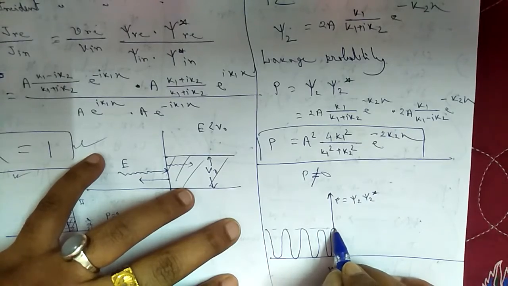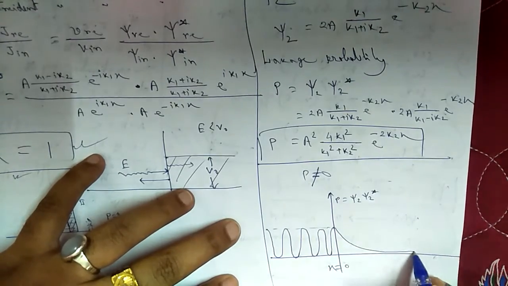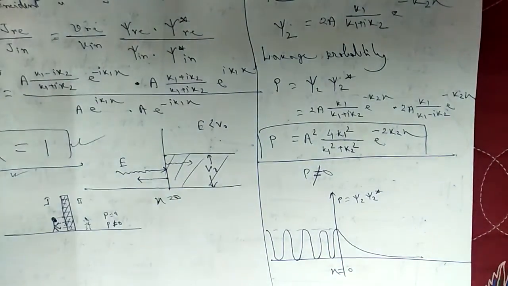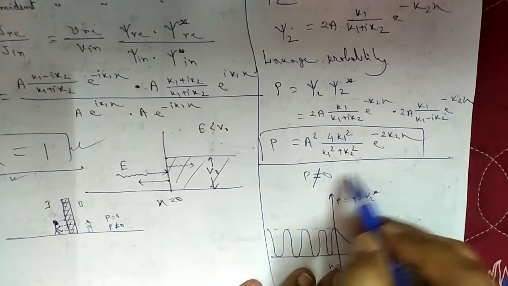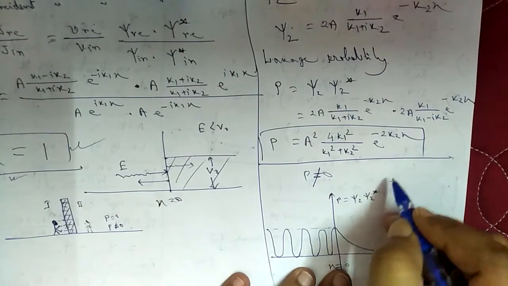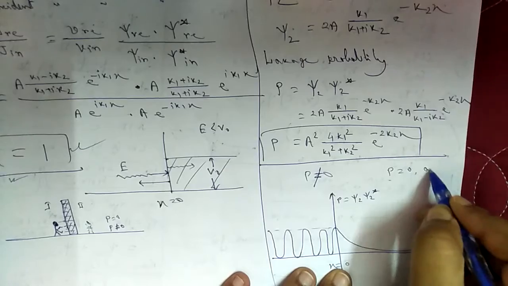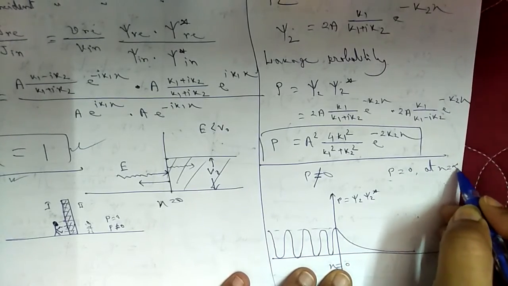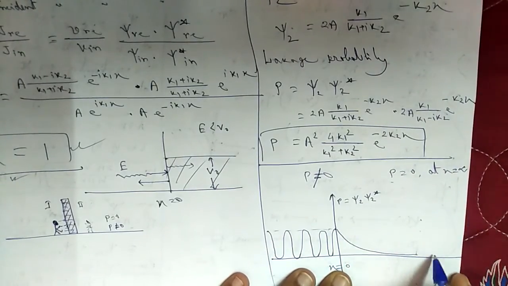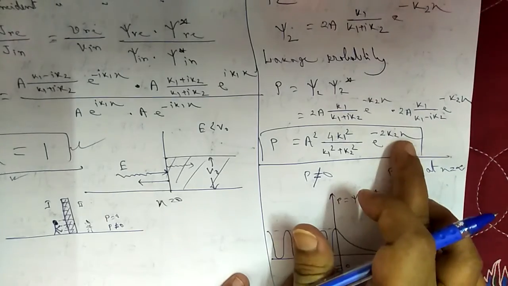After hitting the wall, there is a finite probability that it will decay down. P will be equal to 0 at x equals infinity; after infinite distance the value of the probability will decay down.